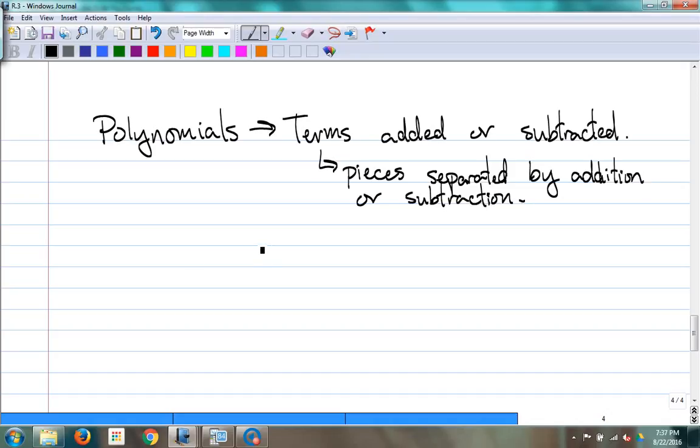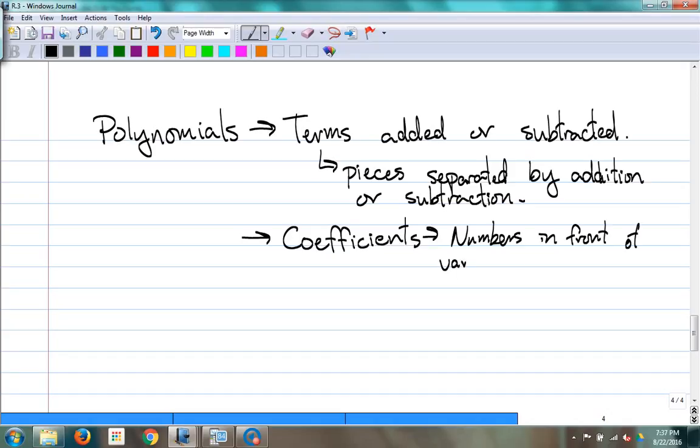Okay? There's these parts of these polynomials called the coefficients. Coefficients just means numbers in front of variables. Okay, those are the coefficients.